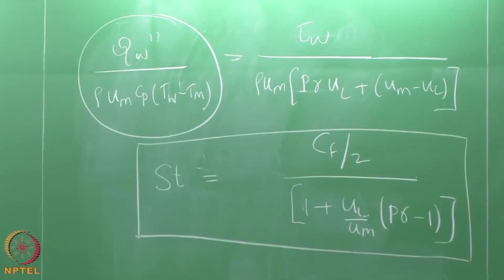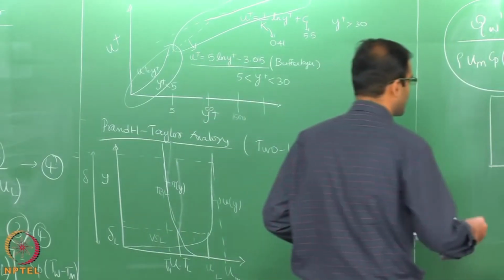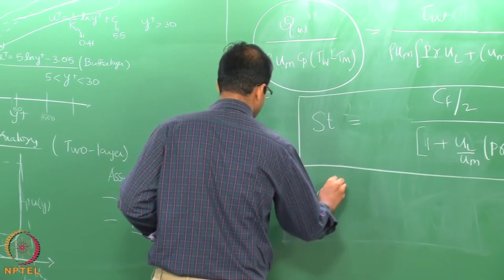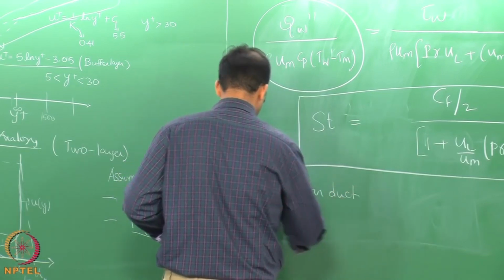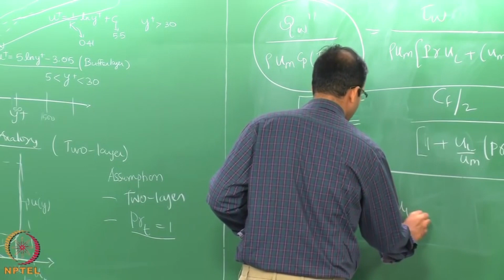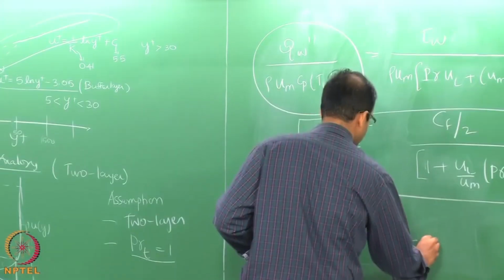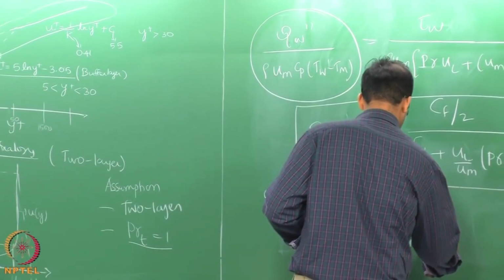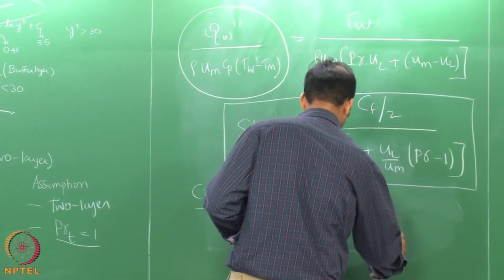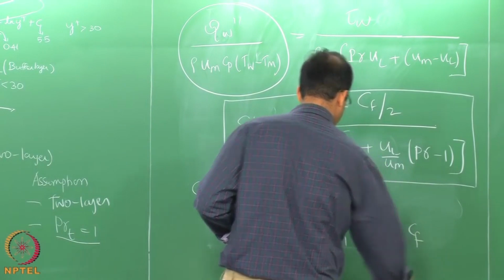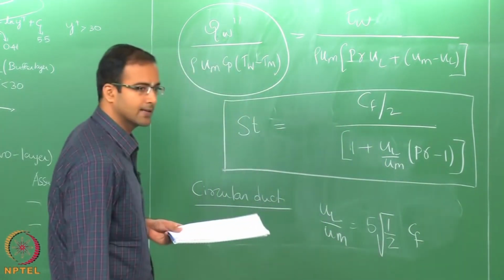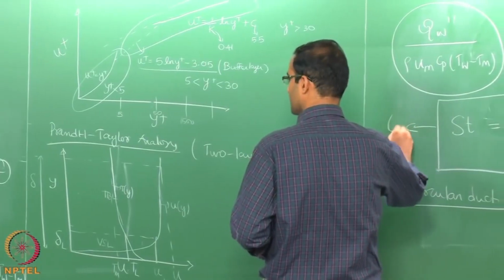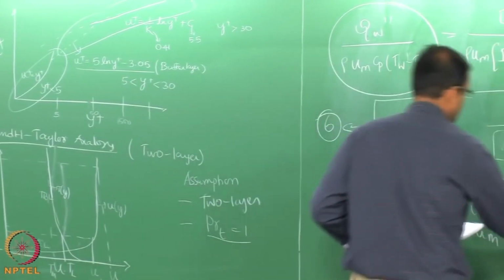Now, let us see for the case of a circular duct, for example. So, the Ul by is expressed as a function of the Cf, written as 5 into square root of 1 by 2 Cf. So, this is the kind of correlation. Okay, let us call this as equation number 6 and this is number 7.